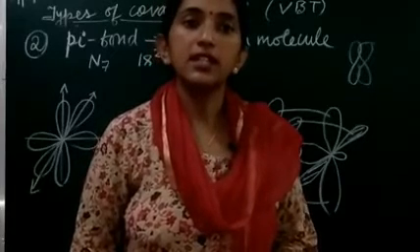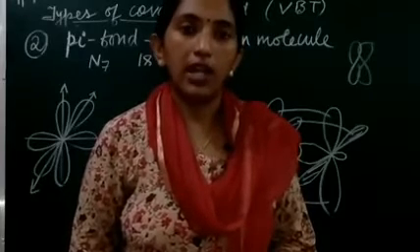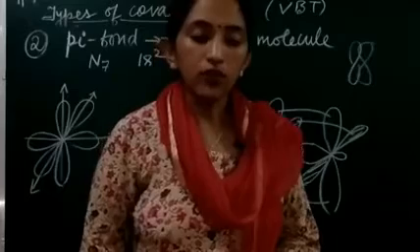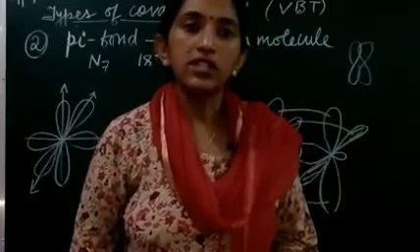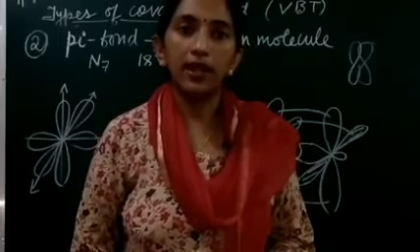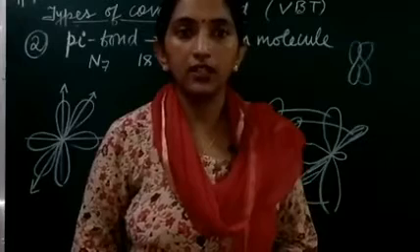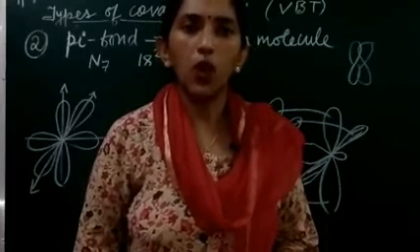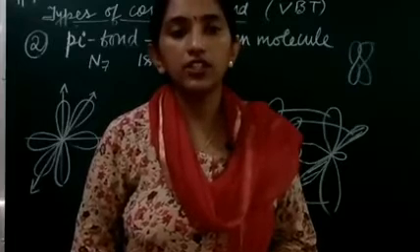Now the second is the symmetry of the sigma bond and the pi bond, right? When we discussed the formation of the sigma bond, we discussed that whenever the valence atomic orbitals which are half filled overlap with one another, the molecular orbital which is formed will have the electron cloud distributed evenly along the internuclear axis.